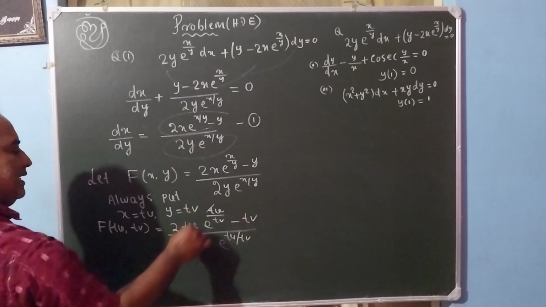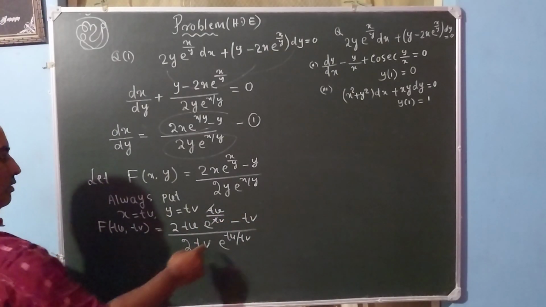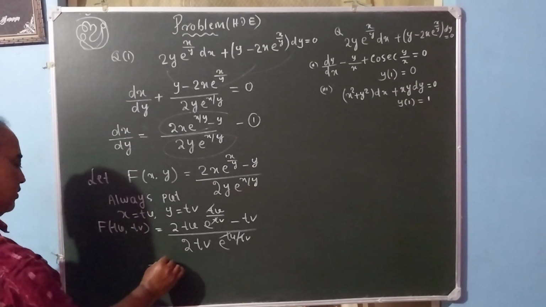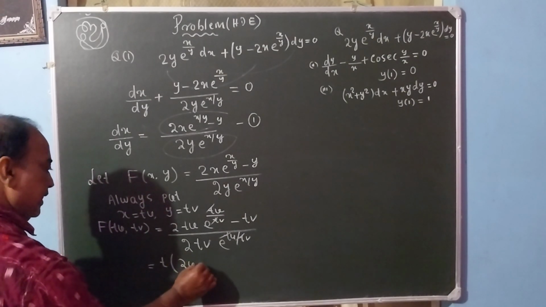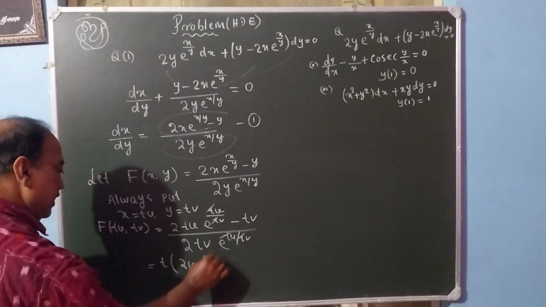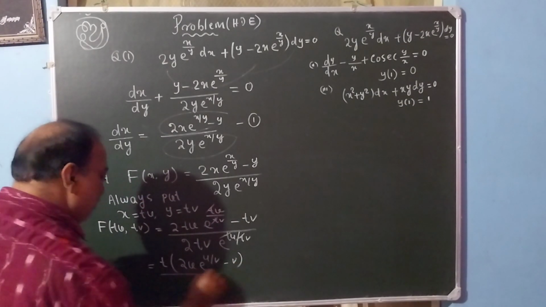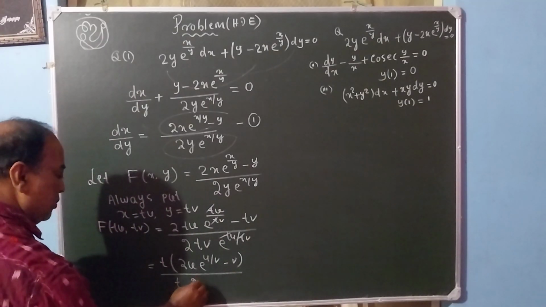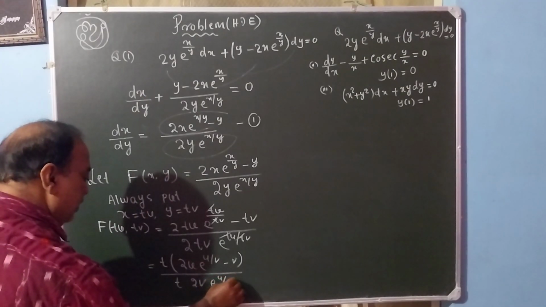Taking t common, this t cancels with this t, and we get (2u e to the power u by v minus v) divided by 2v e to the power u by v.